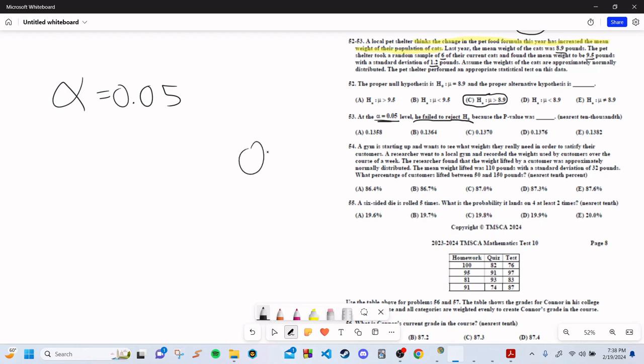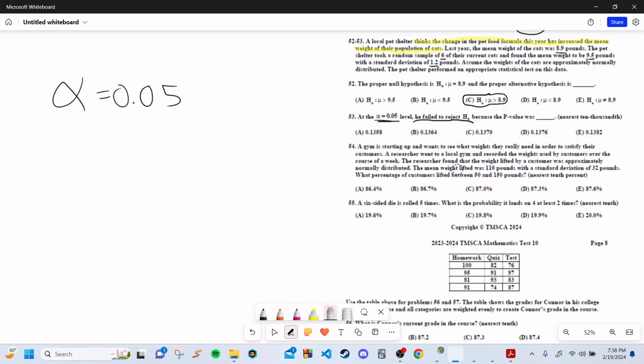Whereas if it's greater than 0.05, then you fail to reject the null, meaning that your alternative hypothesis is not backed up enough. So if the thing that you measured had a p-value of like 0.51, that means that was likely to happen. And so basically what this means is that your p-value is going to be greater than this alpha value, which all the answer choices are, so it doesn't really matter.